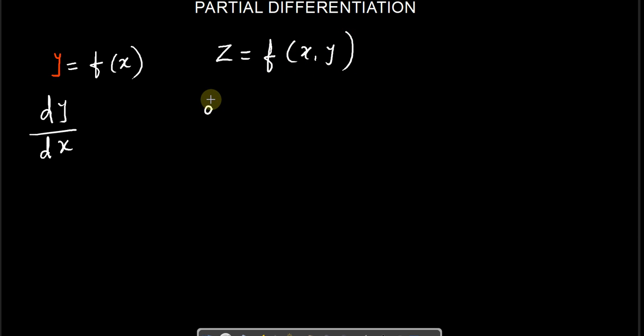So we say the derivative of z with respect to x is partial, because while differentiating, this is nothing but the ordinary derivative of z with respect to x, but we keep y constant.